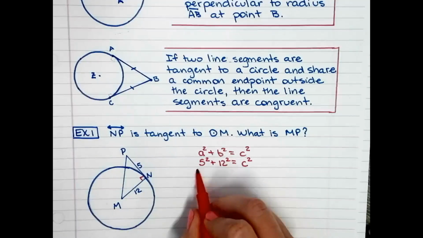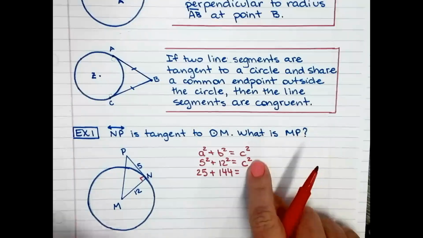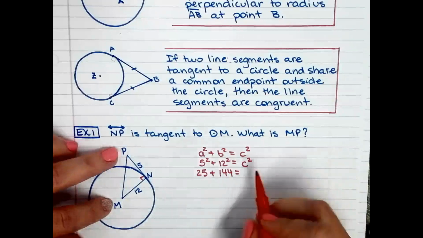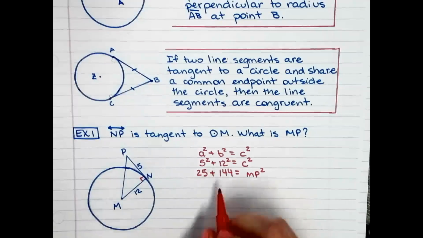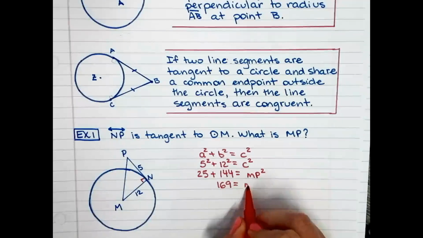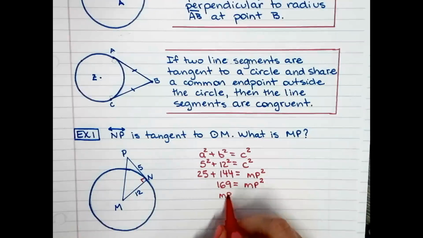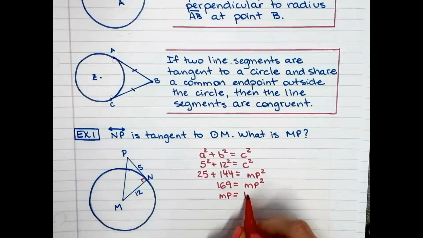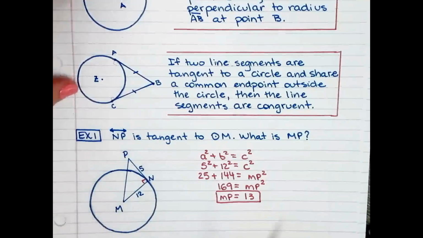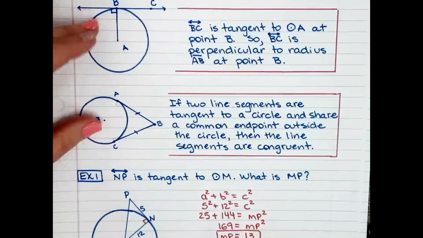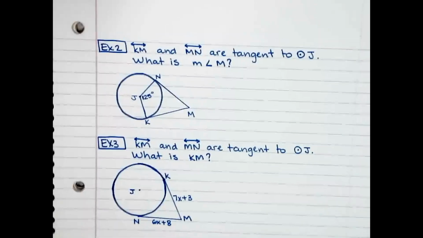So 5 squared is 25, 12 squared is 144, and c is the same thing as MP, so MP squared. 25 plus 144 is 169, equals MP squared. I'm only trying to find MP, so you take the square root. Therefore, the length of MP is 13. The math is not complicated, but you do need to keep in mind these two definitions about the tangent lines. Okay, 3 more.